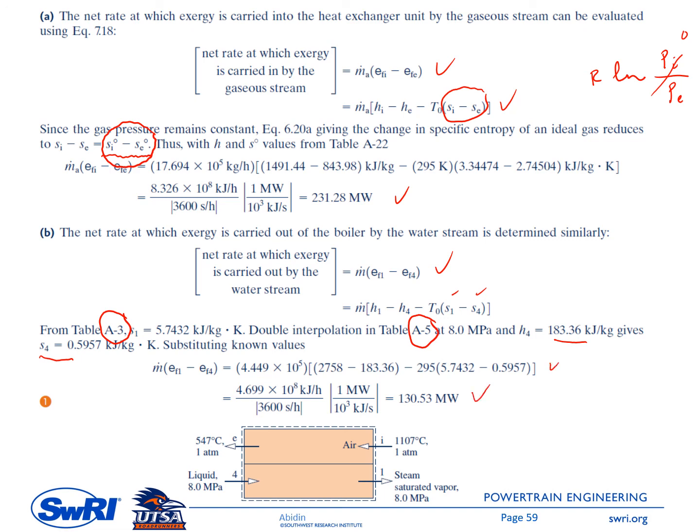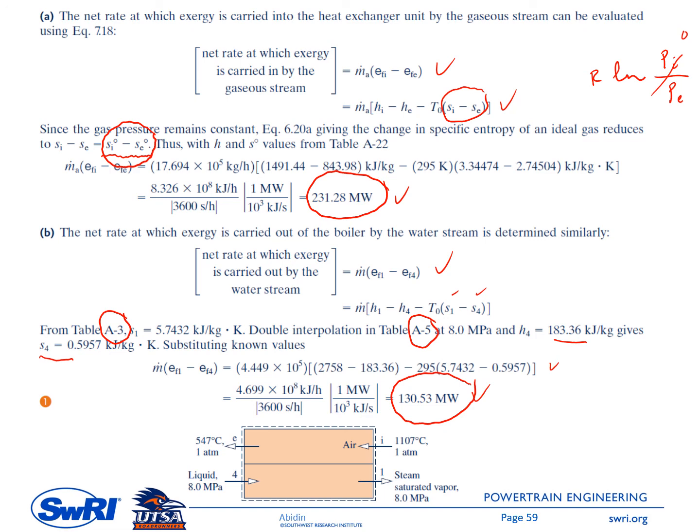You should be able to get the net rate of exergy carried out from the boiler, 130.53. So you can see here the exergy going into the heat exchanger is 231.28, but the exergy that is carried out by the water stream is only 130.53.